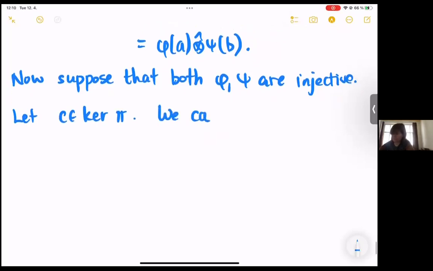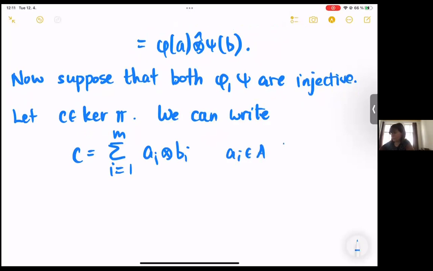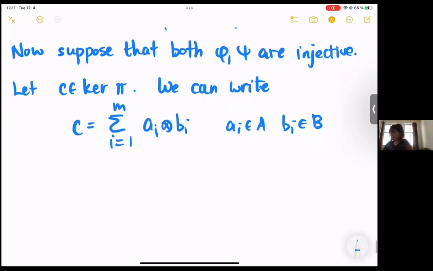And we can write, this is the algebraic tensor product, so c as a finite linear combination, or finite sum, of simple tensors. And similarly to the trick we did before, rewriting things if necessary, we can assume that the b_i are linearly independent.